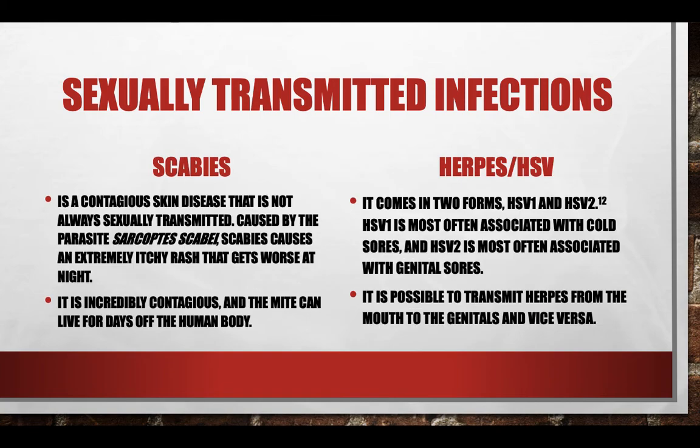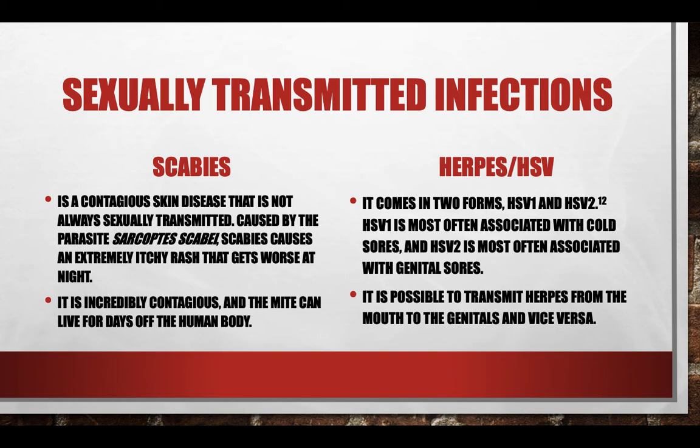Also there is scabies, which is a contagious skin disease that is not always sexually transmitted, and it's caused by the parasite Sarcoptes scabiei. Scabies causes an extremely itchy rash that gets worse at night. It is incredibly contagious, and the mite can live for days off the human body.